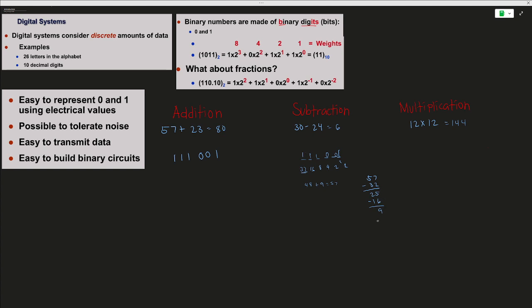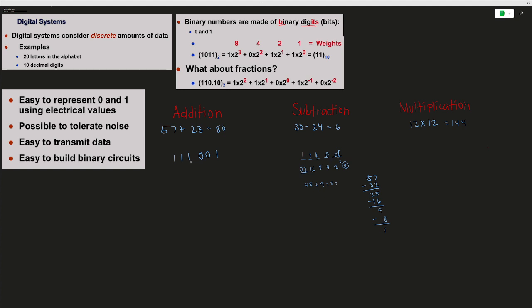So, for example, si 9. Ano bang next number na after ni 16? Si 8. So, you minus that by 8 and you get 1. So, you put 1 kay 8. But then, yung 1 natin na natitira para maging 0 is nandito na sa 1. Si 1 na nasa pinakauna. So, ilalagyan mo na lang ng 1, yung pinakaunang digit, and the rest ng hindi mo ginamit, you put zeros.